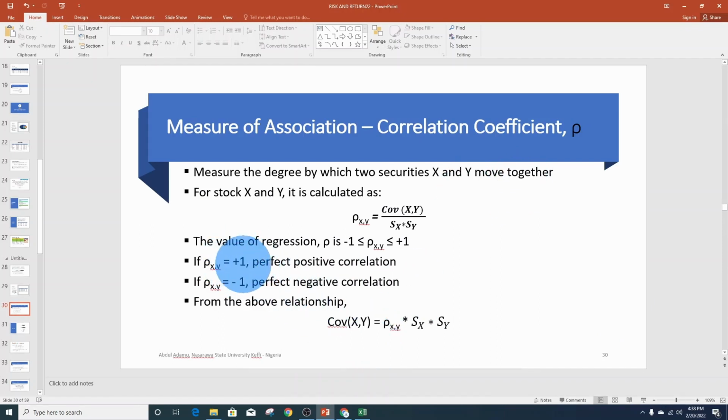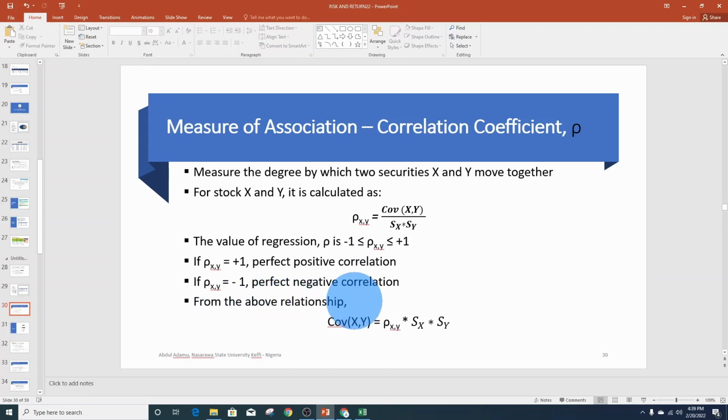If it equals +1, perfect positive correlation. As X increases 100%, Y also increases 100%, and it could equal 0, showing that there is no correlation between them. So the closer the value to +1, we say it's a strong positive correlation. The closer the value to -1 is a strong negative correlation. The closer the value to 0, we say it is a weak correlation.